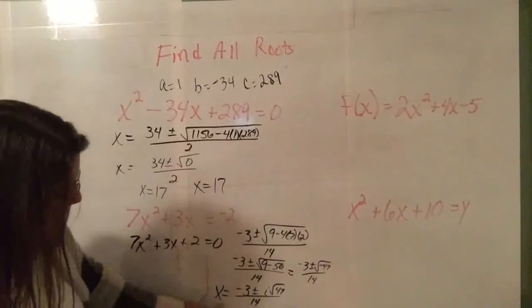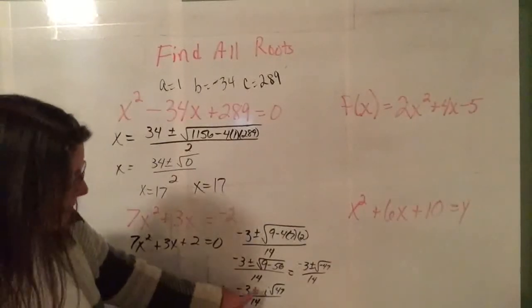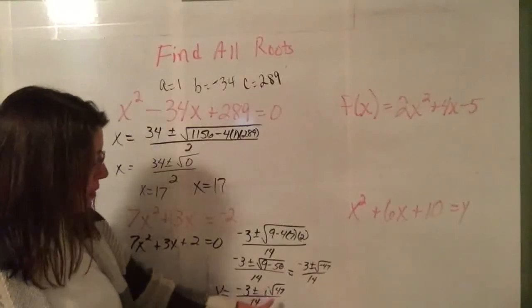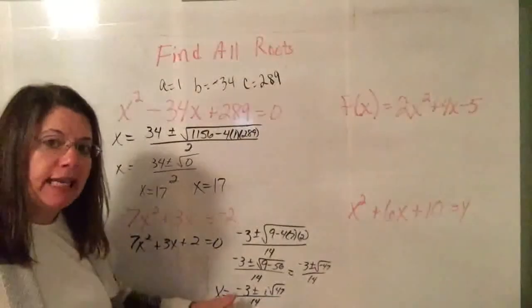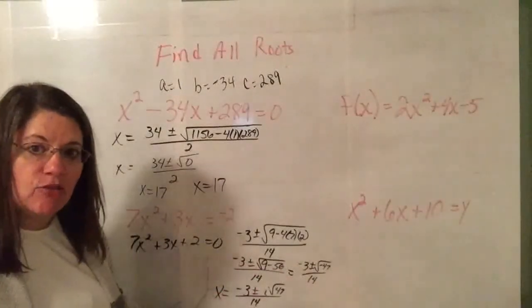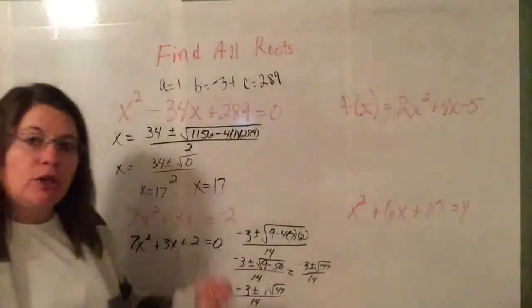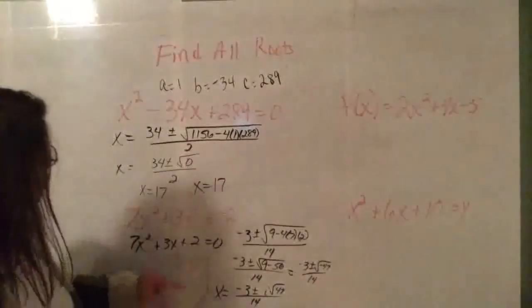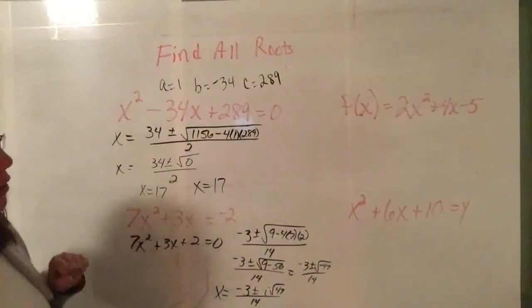So the answer is negative 3 plus i square root of 47 over 14, and negative 3 minus i square root of 47 over 14. We can leave it like this. There is no need to separate that into 2 different answers. That plus minus should be understood to represent 2 separate answers, the 2 roots of this quadratic equation.